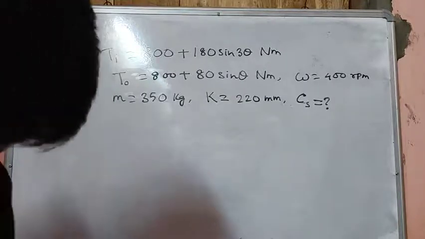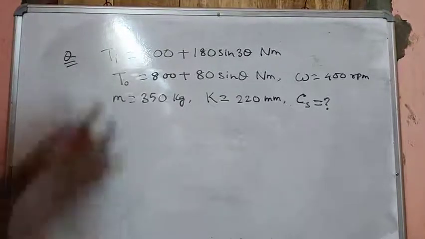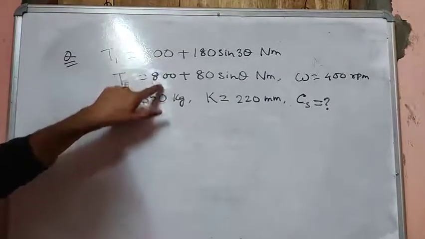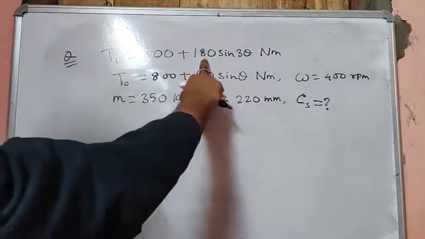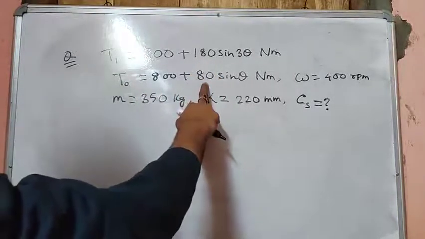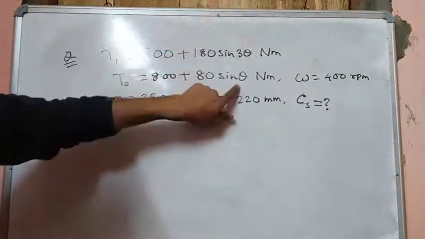Let's see. 800 will be the mean. From these equations we can see 180 is the amplitude for the input and 80 is the amplitude for the output. The period of the input is 2 pi by 3 and the period of the output is 2 pi.